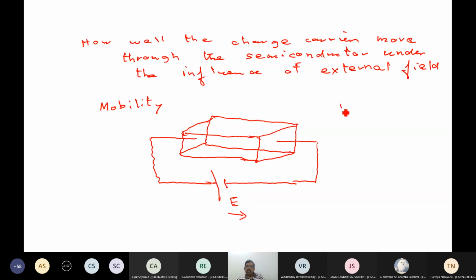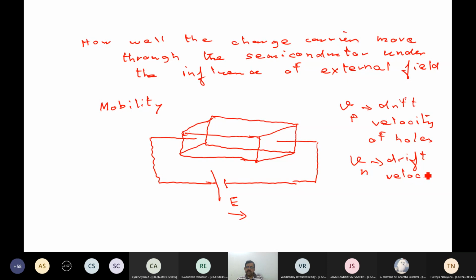So there is something called the drift velocity of holes, and also the drift velocity of electrons.